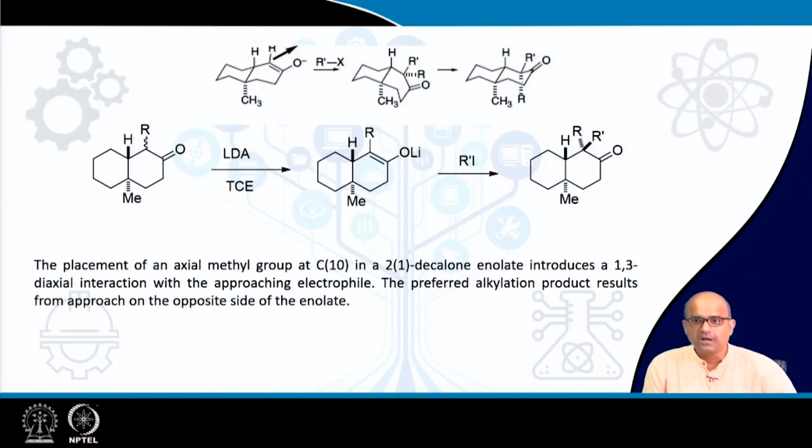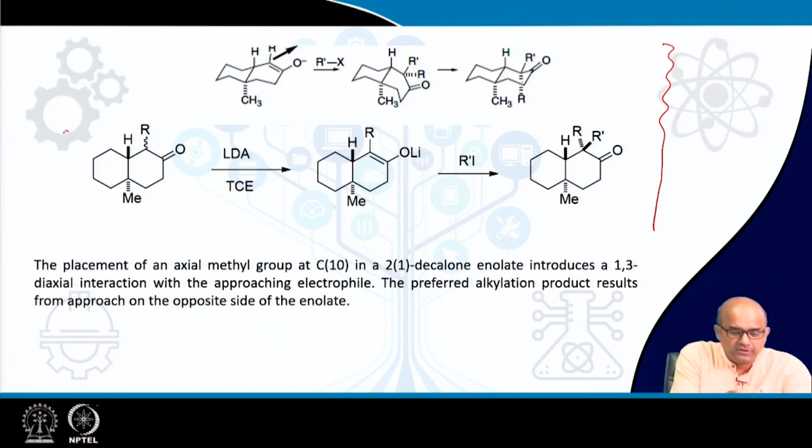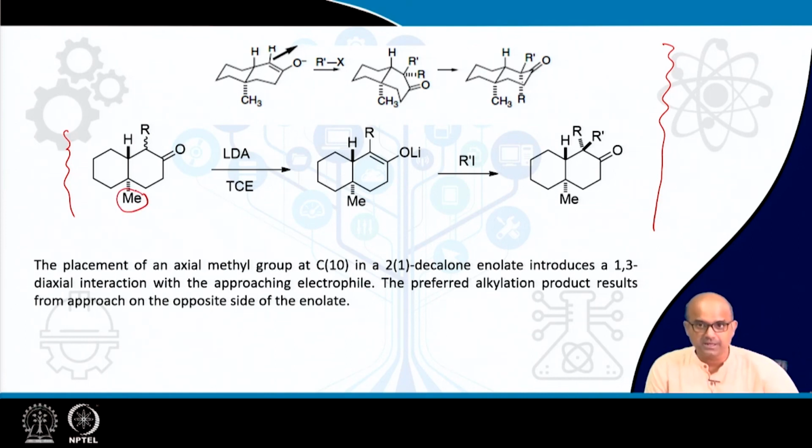There are higher trans 2-decalone analogues, like the examples you have drawn here. In the first case, the parent compound, we do not have a methyl. Now I put an angular methyl group here, which is a little bit sterically bulky compared to hydrogen. So now we take this trans decalone with an R group at the alpha position. LDA gives a thermodynamically controlled, rigid trans enolate, fine.